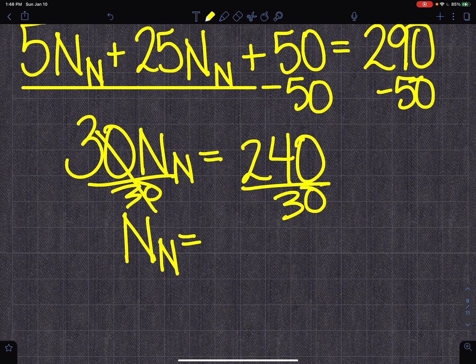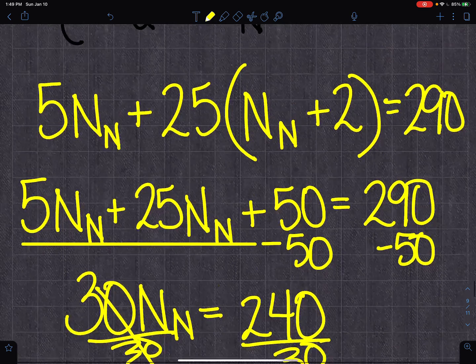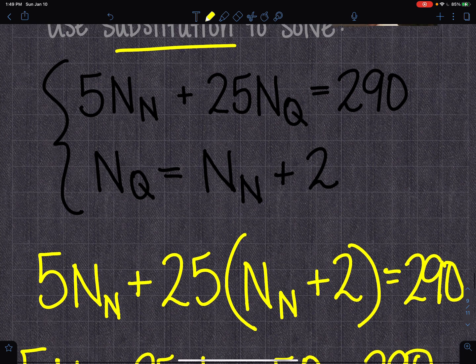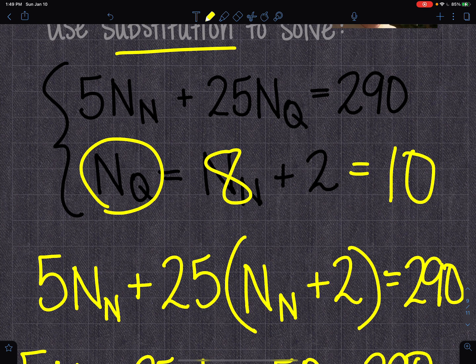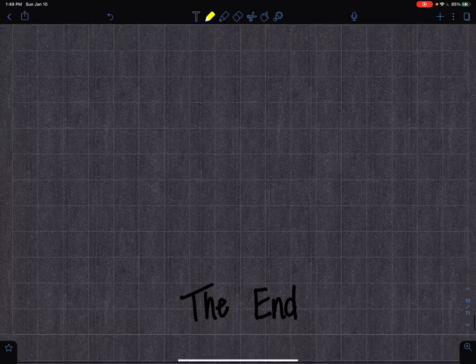What's 24 divided by 3? It's 8. Okay, so nn is equal to 8, but now I also need to find nq. So I go back to my equations. If this is 8 right there, nq is 8 plus 2, and you get 10. So nn is 8, nq is 10. Easy peasy. That's the whole thing.